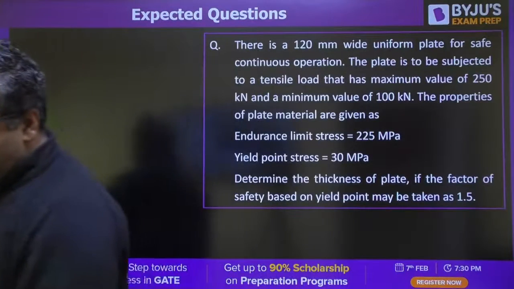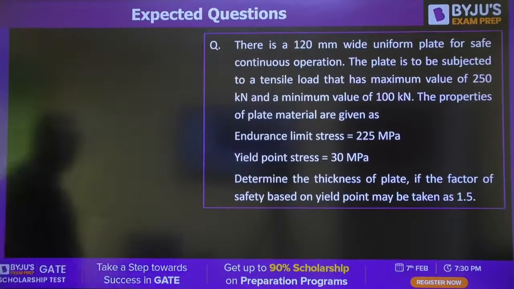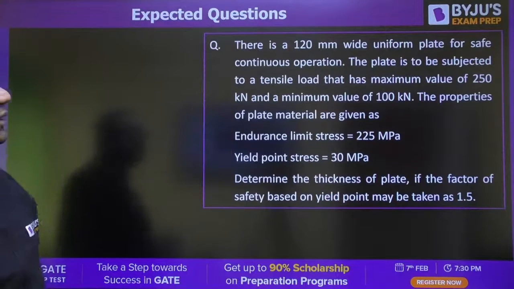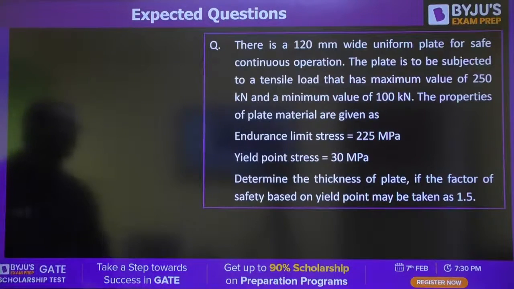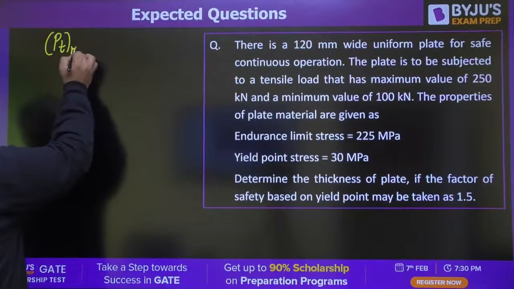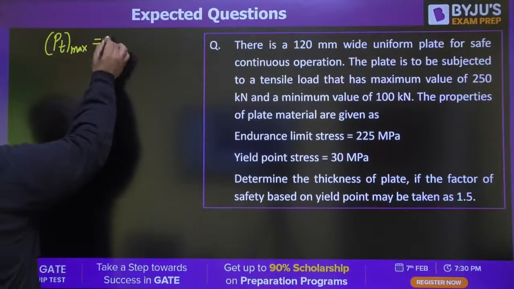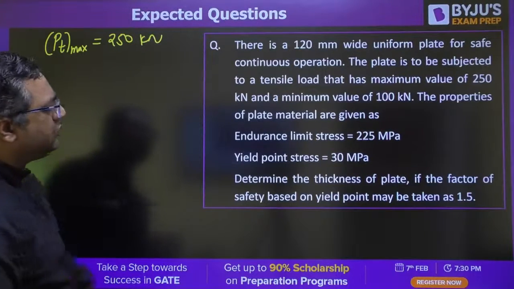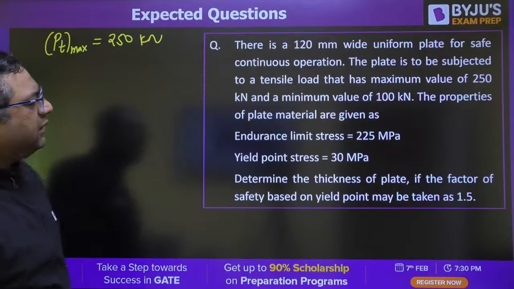This question is: there is a 120 mm wide uniform plate for safe continuous operation. The plate is to be subjected to a tensile load that has a maximum value of 250 kilonewton. So P maximum is given as 250 kilonewton. They have also mentioned the minimum value.